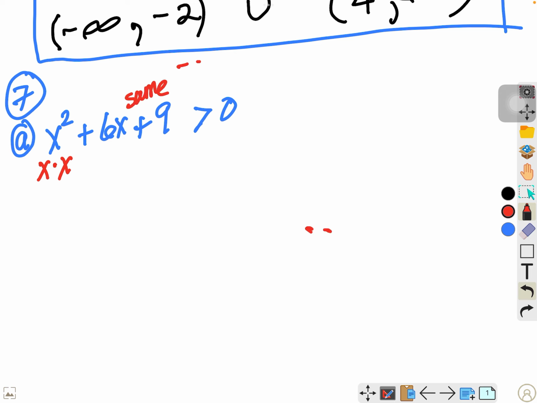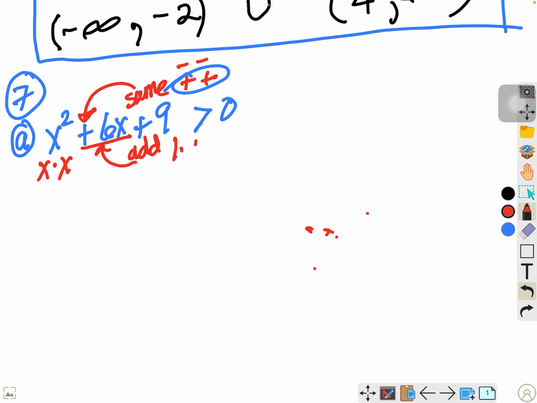Same could mean negative times negative or positive times positive. We look at this middle term to see how they're going to be the same. And we notice that they're both going to be plus signs in our factors. We also see a plus back here that also tells us we're going to be adding to get 6x.